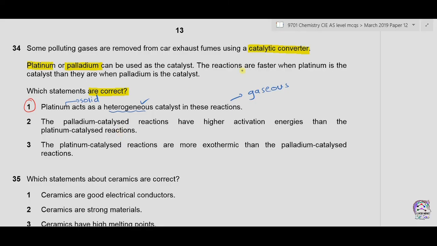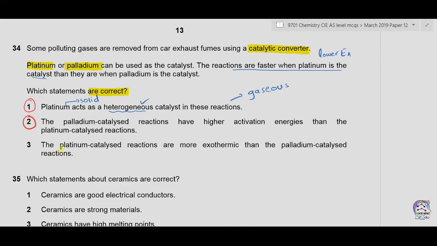As in the question they have given that the reactions are faster when platinum is the catalyst, it means the reaction with platinum has lower activation energy. So conversely, palladium catalyzed reactions would have higher activation energies. So therefore option 2 is also correct.